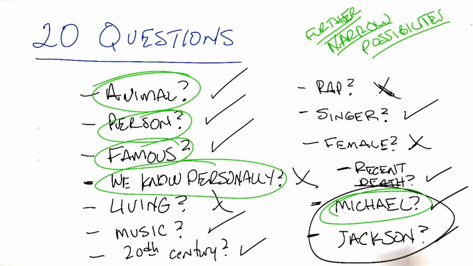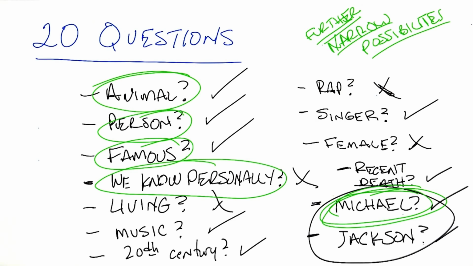So even though Michael is not a particularly good first question to ask, it's a perfectly reasonable 12th question to ask, given that you already know this is an animal, a person, a famous person we don't know personally, who's not living, was into music, et cetera. Okay, that make sense? Yeah.